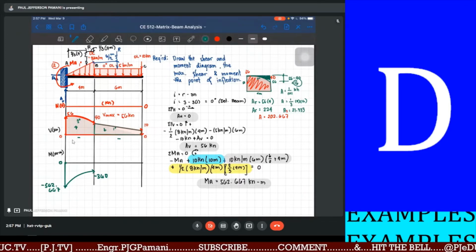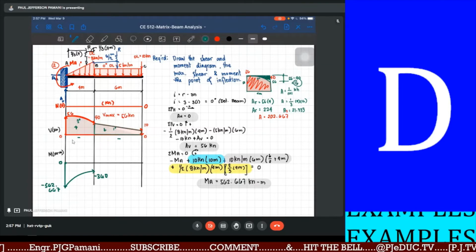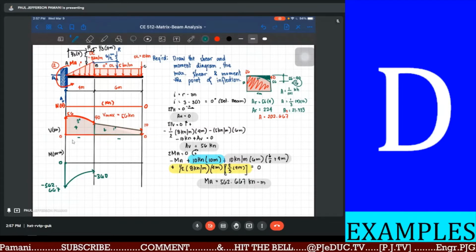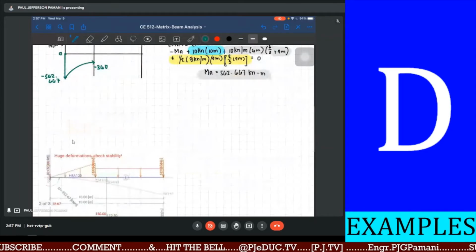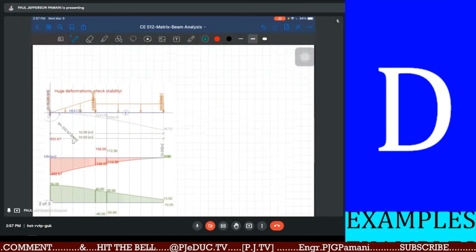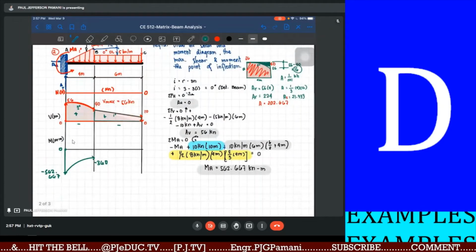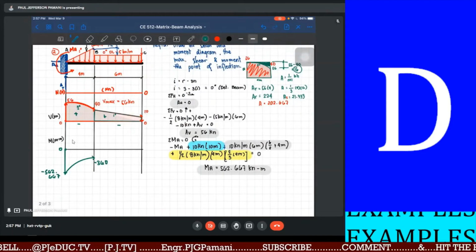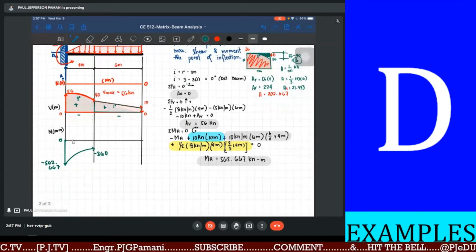Bakit nga 210? May mali sa ating example. Wait lang. May answer na yan eh. Nandito.